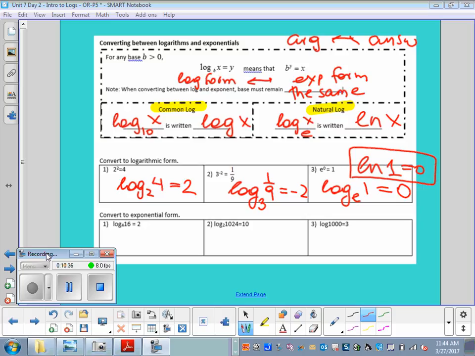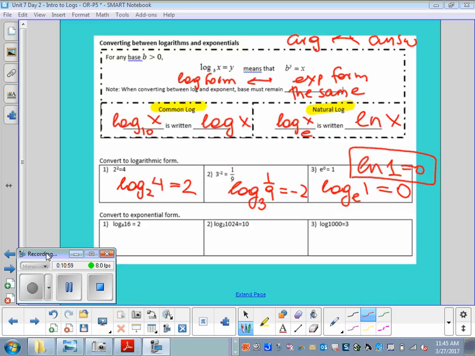Okay. Now we are going to convert back from log to exponential form. Everything stays the same because these are inverse functions of each other. I keep the base and I switch the answer and argument. Leah, since I need to convert this to exponential form, I need the base of my exponent.